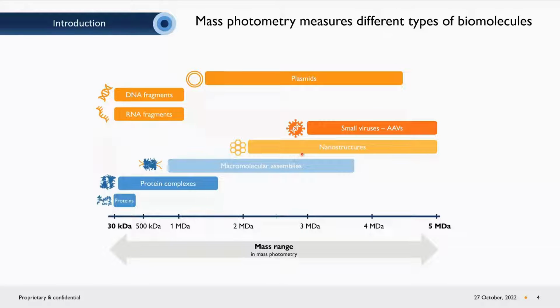But also nanostructures in the megadalton range. Nanostructures such as small viruses like AAVs can be measured with mass photometry, and also nucleic acids. In the low range, this could be DNA fragments or RNA fragments, both single or double-stranded. And also plasmids. I'll show examples of most of these classes during this presentation.